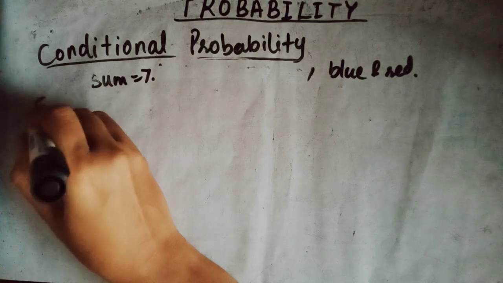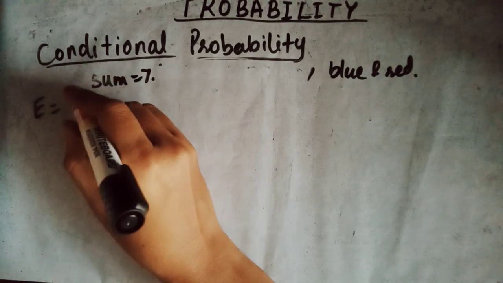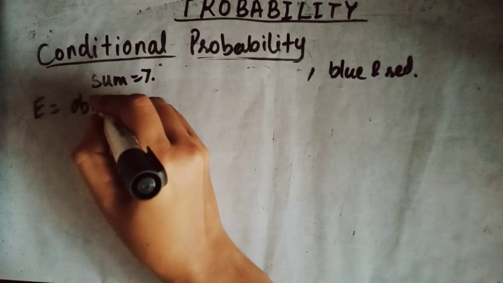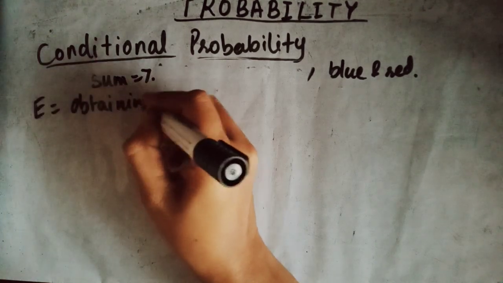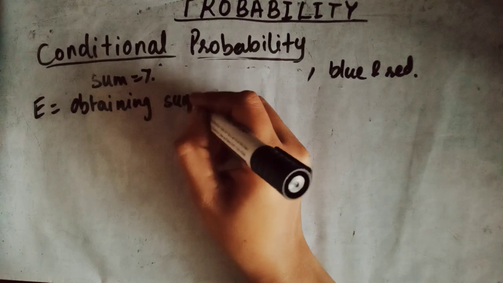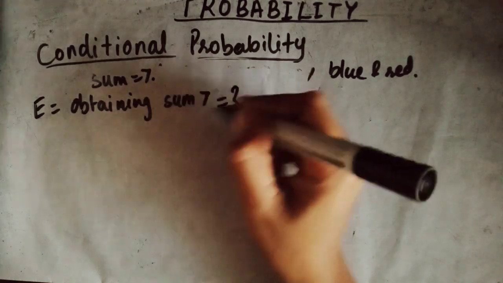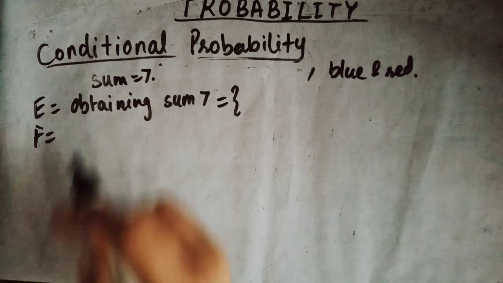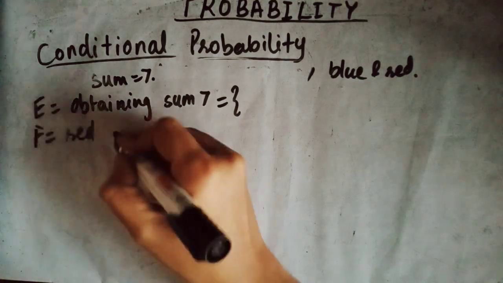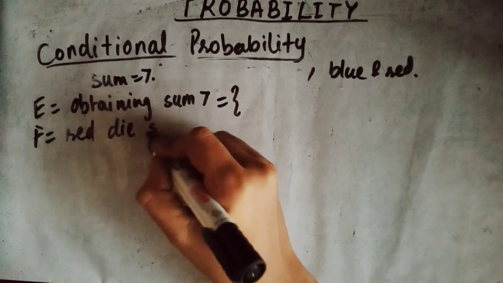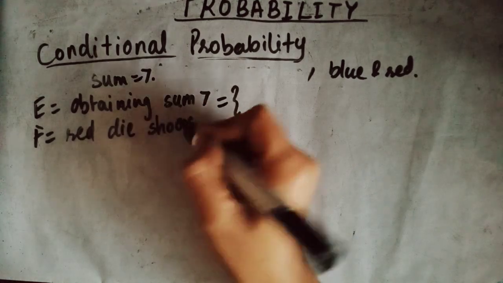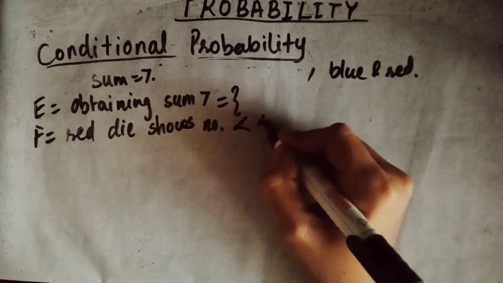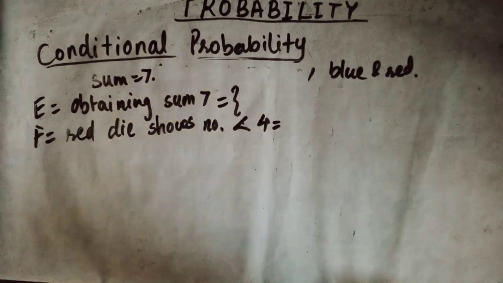So your E event becomes obtaining sum 7, right? And F will be the red die shows a number less than 4. Okay.